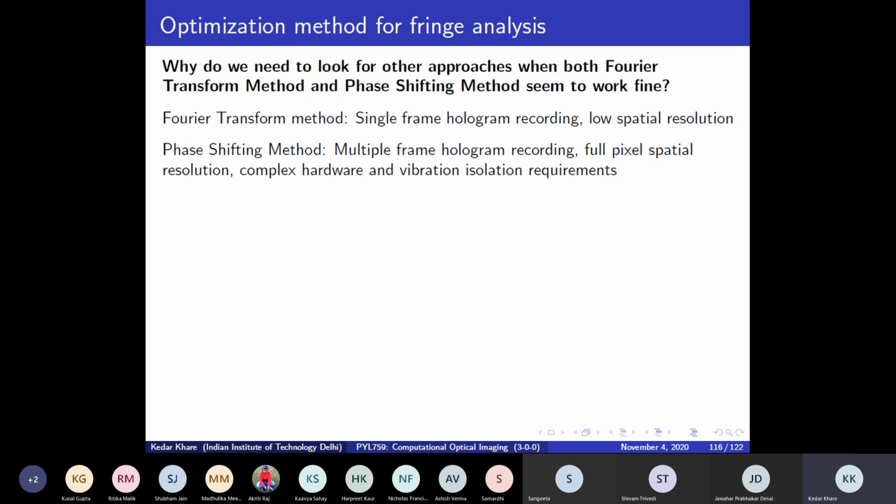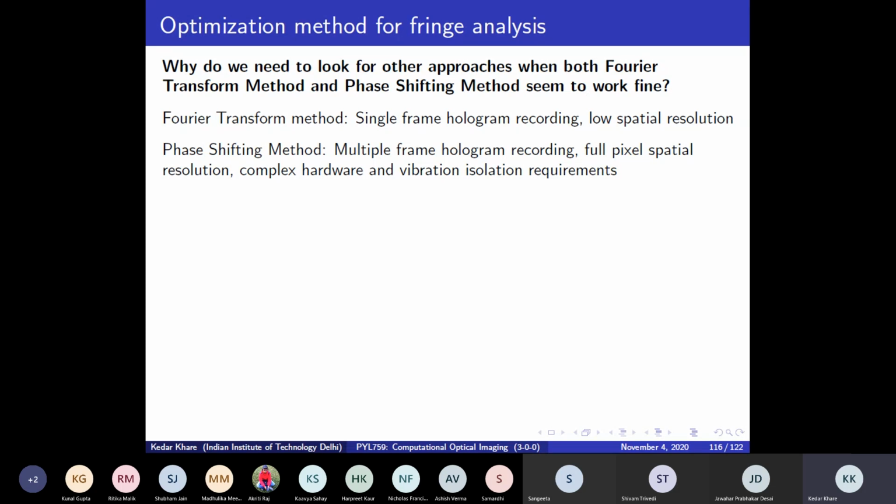However, hardware-wise, this is more complicated, because now I need vibration isolation. I need additional hardware to change the phases. If I put something like a piezo, then for every recorded hologram, the piezo has to be calibrated from time to time, such that it precisely does these pi by 2, pi and 3 pi by 2 kinds of phase shifts.